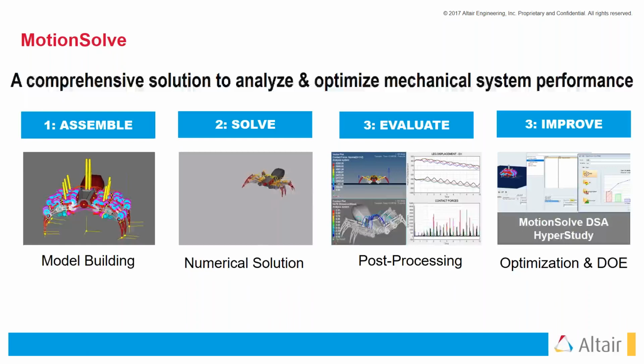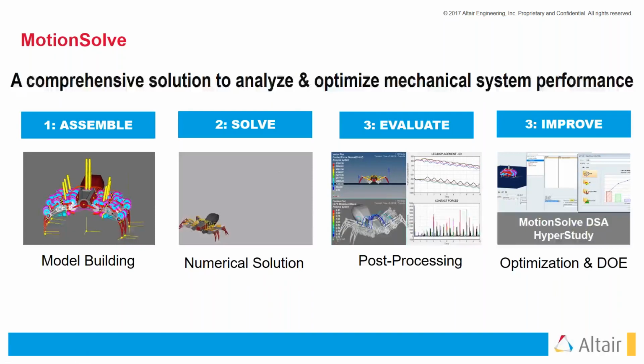Yeah, so MotionSolve is a dynamic solver which has comprehensive solutions to analyze and optimize the mechanical system and its performance. What we do in MotionView is build the multibody dynamics model, which you see in the first picture of a robot which is assembled in MotionSolve and which has a control.